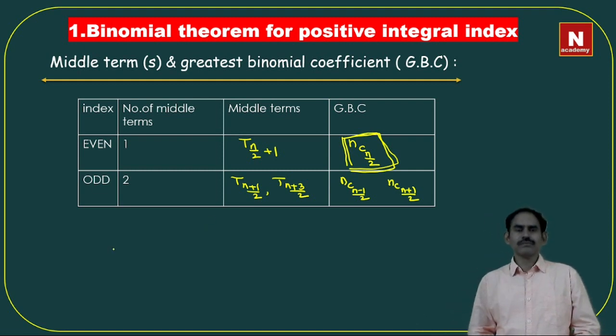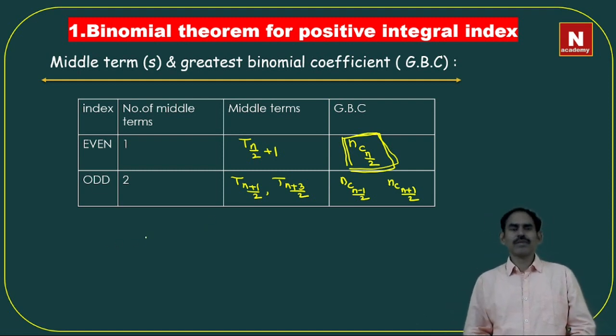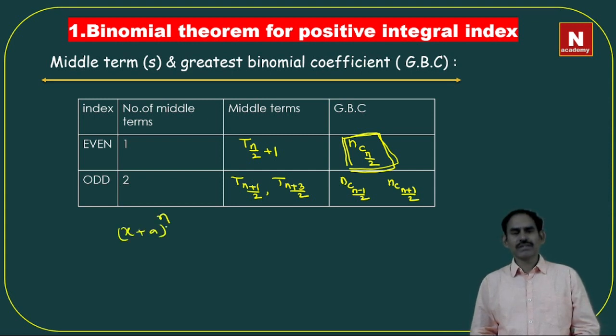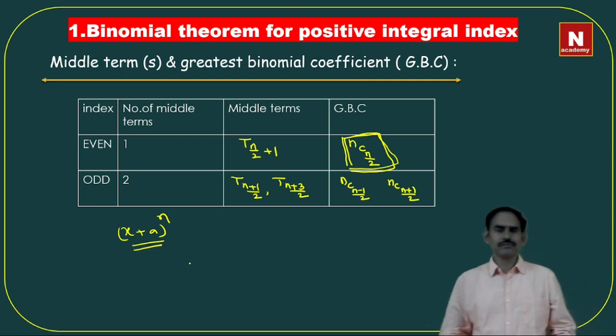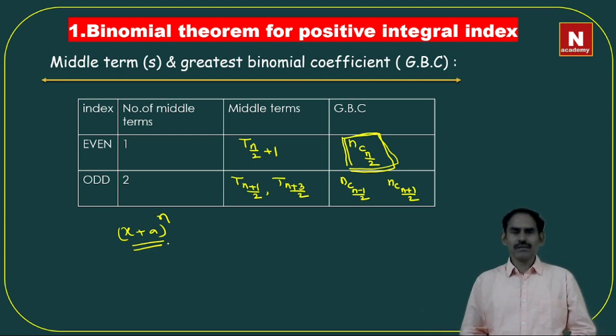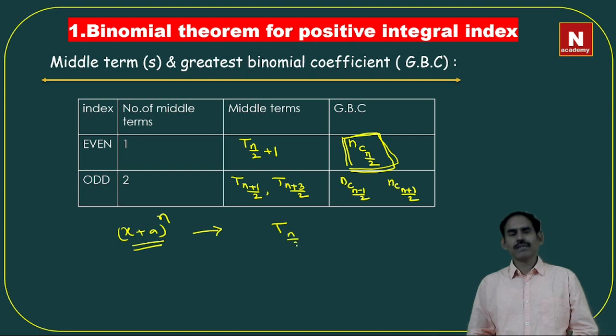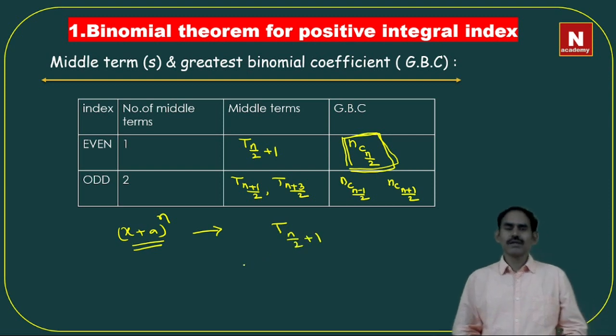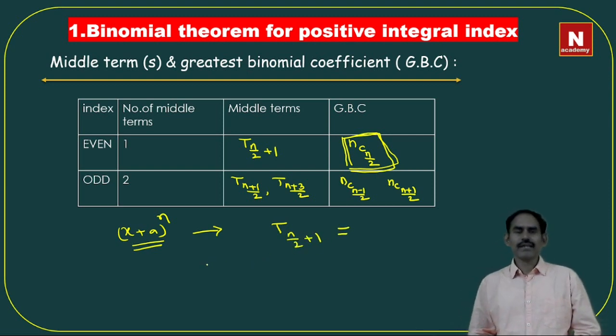For example, take the general binomial theorem expansion: x plus a whole power n. In this binomial expansion, find T n by 2 plus 1, the n by 2 plus 1th term. Before writing this, find the general term.